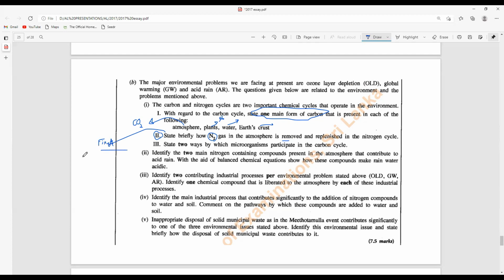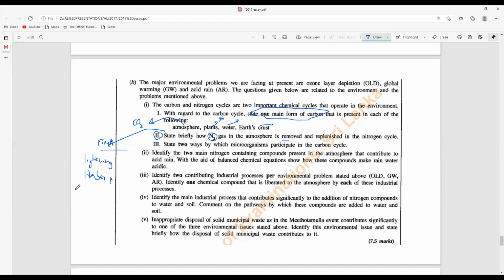So nitrogen can be mainly fixed by lightning. If you remember the acid rain scenario, nitrogen can be converted to NO2, then HNO3 and acid rain. So basically it can be removed by lightning, and then nitrogen is fixed via the Haber process, so industrial fixation. Okay, so Haber process.